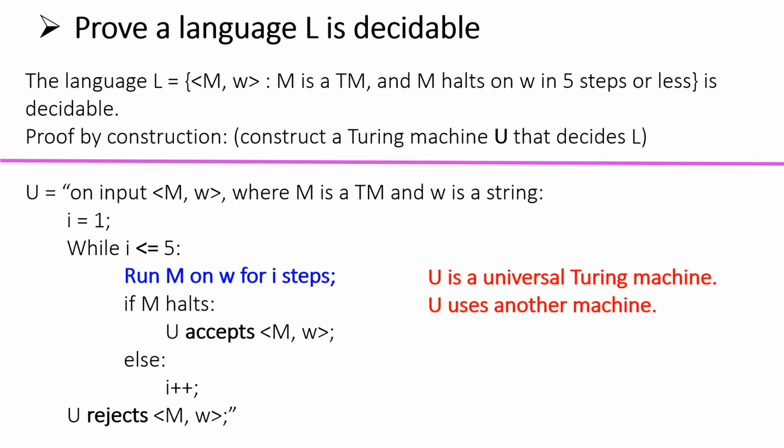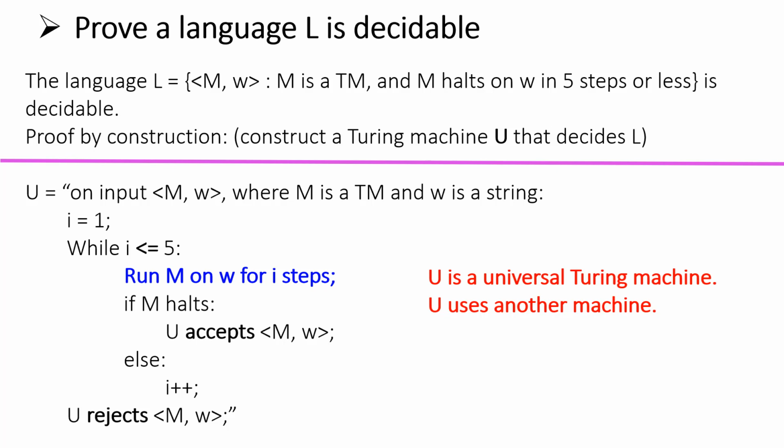If M halts, then we know that M halts on W in 5 steps or less, because I is always less than or equal to 5. If M does not halt in the current iteration, then we increment the counter and go to the next iteration, where M can run more steps on W. We only need to run this loop for at most 5 iterations, because if M halts within 5 steps, you will detect that and accept the string MW and thus halt.